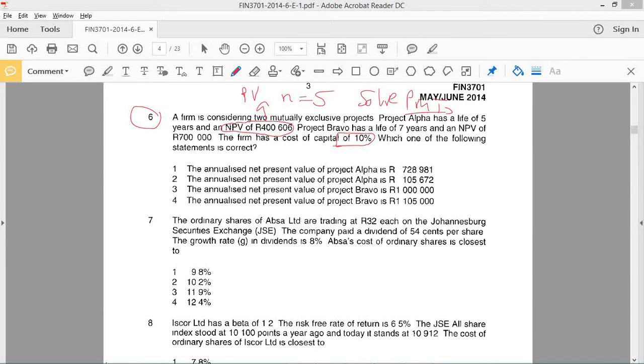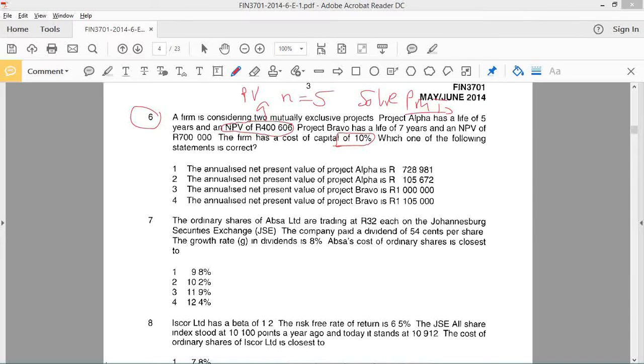I didn't get the option because I didn't actually work it out. But I understand what I've got to do now. It's basically doing the calculations for the two projects, which I'm pretty happy with.